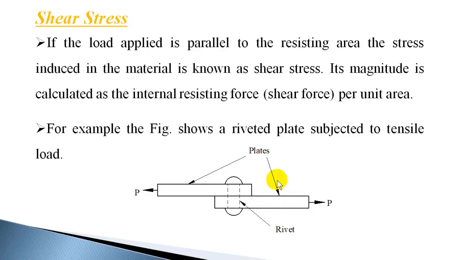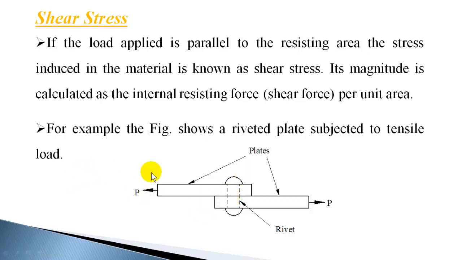Now let us take the case of the rivet. On the rivet, the upper plate is exerting a force towards the left, and the lower plate is exerting a force towards the right. Now the rivet is resisting this force P, which is trying to shear the rivet.